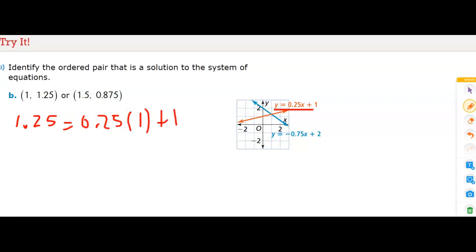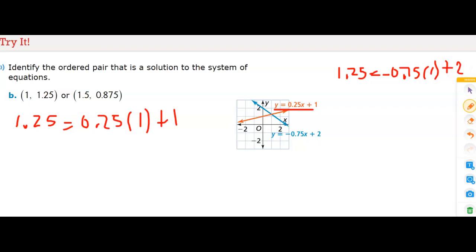And then the second is 1.25 equals negative 0.75 times 1 plus 2.